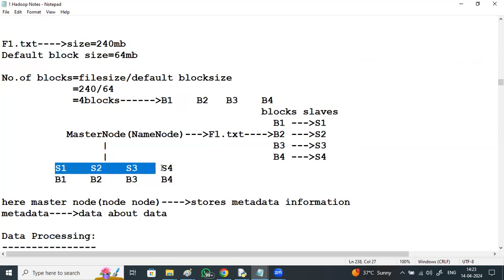Means the slaves are storing the data, but the master node, which has the name node, is maintaining the metadata information: f1.txt into 4 blocks in 4 slaves. Which block is stored in which slave, all the information will be available within the name node. It only maintains the metadata information, right?